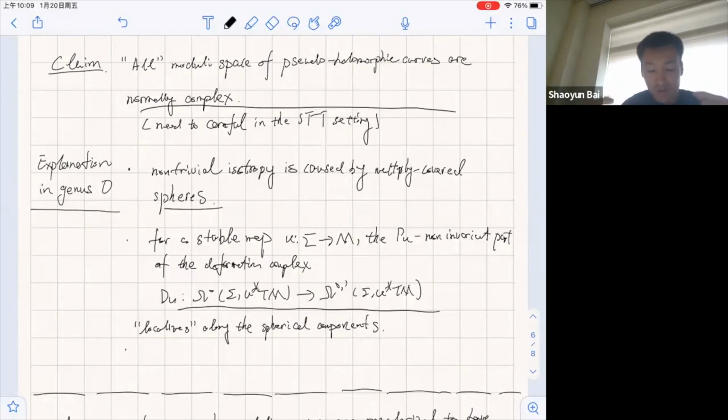Because for other components, for example in the case of Lagrangian Floer theory, you consider disks, and there's no really non-trivial isotropy contributed from disk components. Sphere components are really the parts where bad things could happen, in the sense that it might develop orbifold singularities.